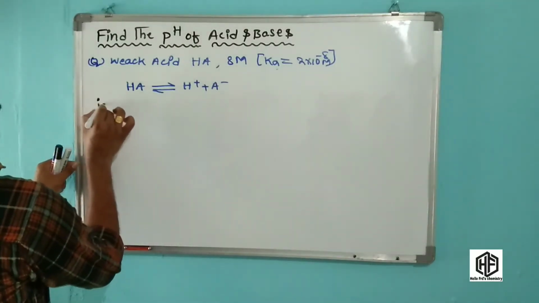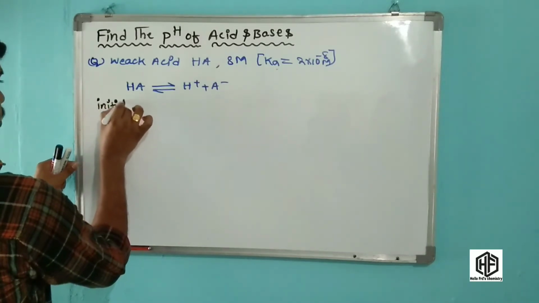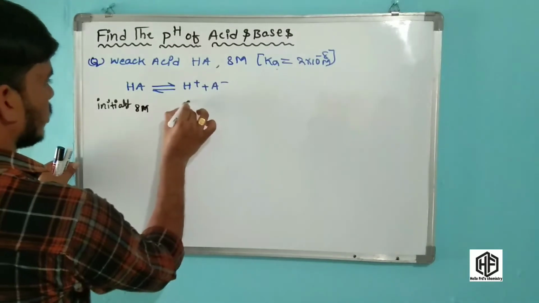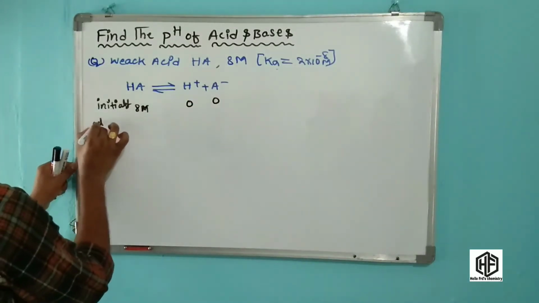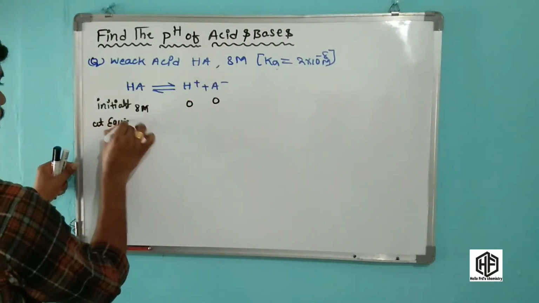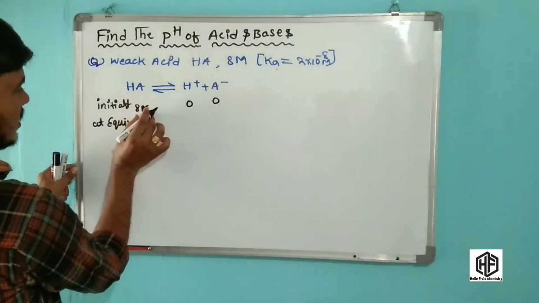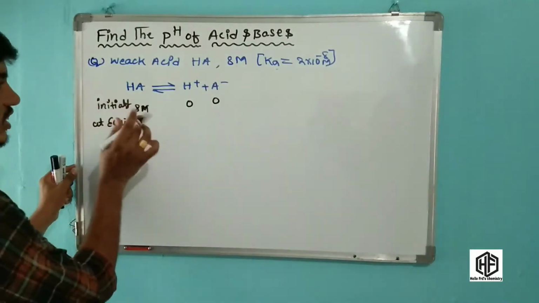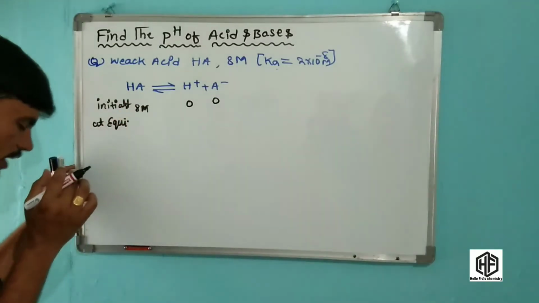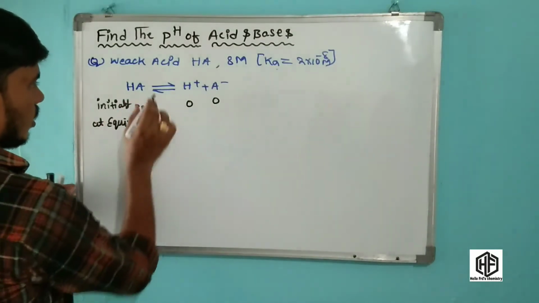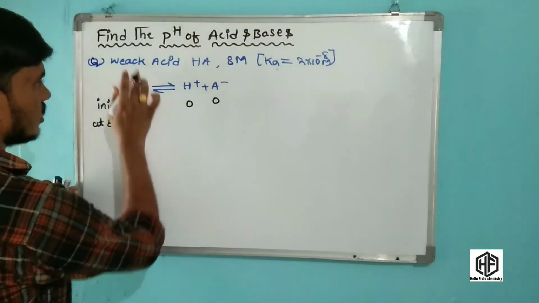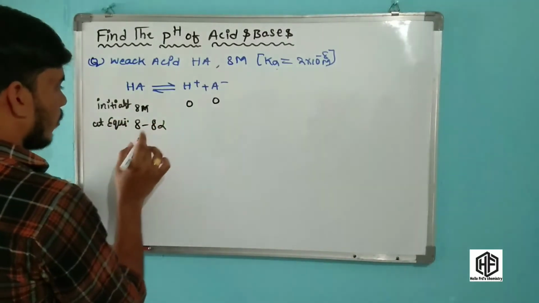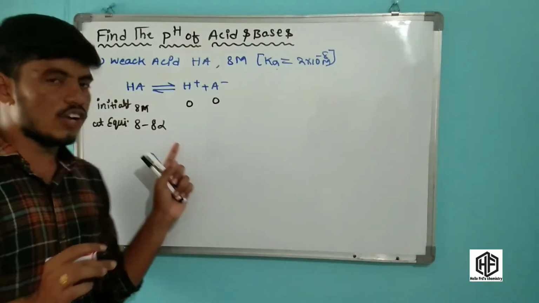Friends, initially this concentration is 8 molar, and for H plus and A minus it is 0. At equilibrium, what happened there? The concentration is 8 minus 8 alpha, because of the degree of dissociation of this weak electrolyte. What is the degree of dissociation?